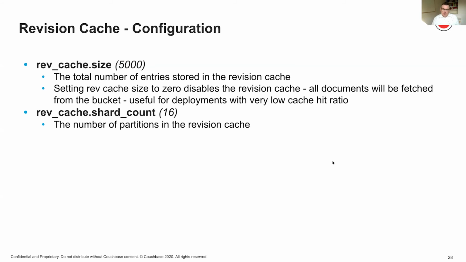By default, we've got two configurations that you can set for the revision cache. We've got the revision cache size, which defaults to 5,000, and then you've got the shard count, the number of partitions in the revision cache, which defaults to 16.